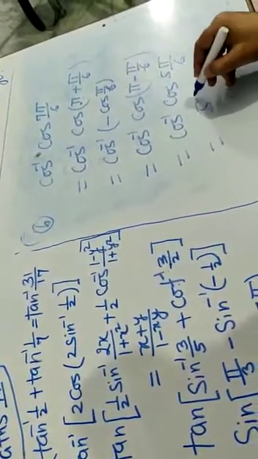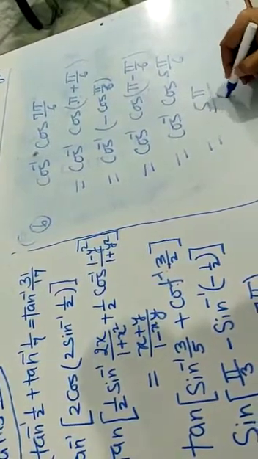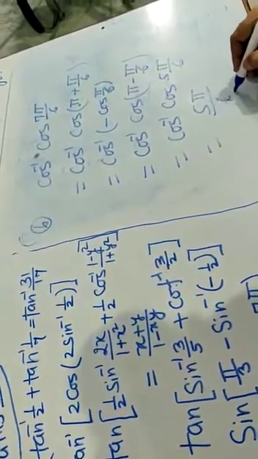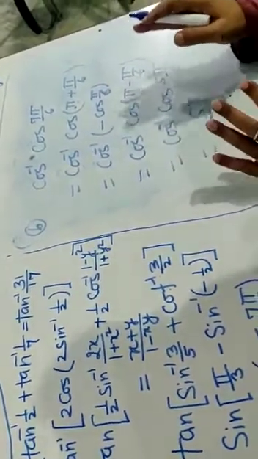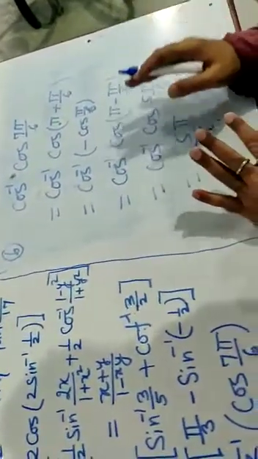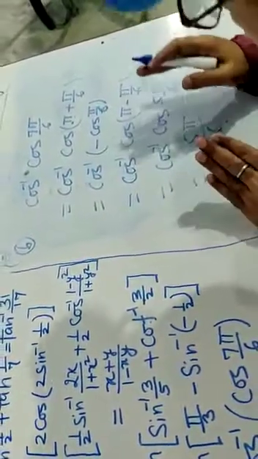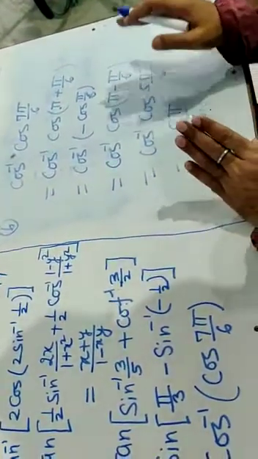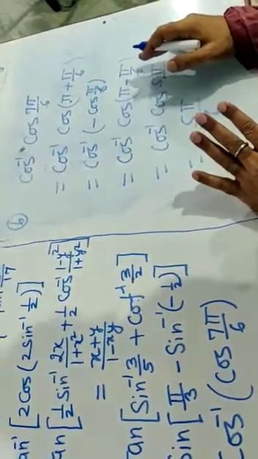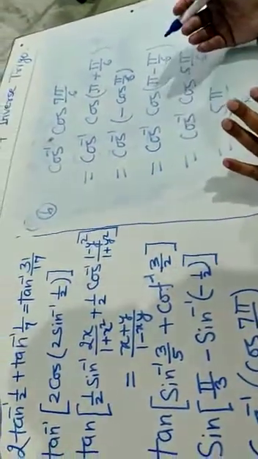So the final answer of this expression is 5 pi by 6. You can change the angles or values into the bijective format and then simplify.